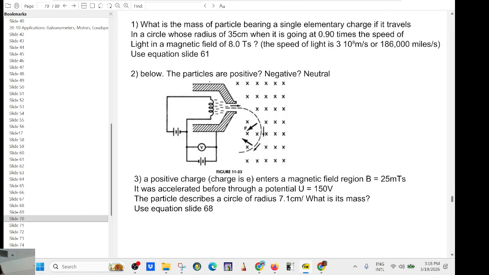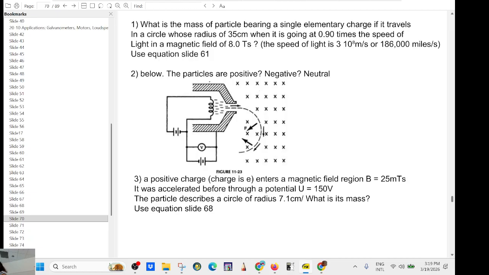So the equation is R, the radius, equals the momentum over qB. q is the charge. What is given to us? The radius is 35 centimeters, so 0.35, equals the mass, which we don't know, times 0.9 times the speed of light.